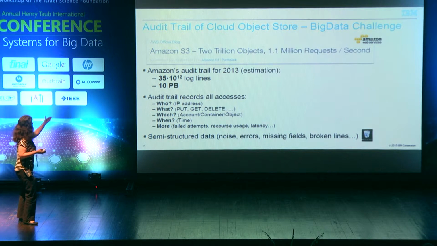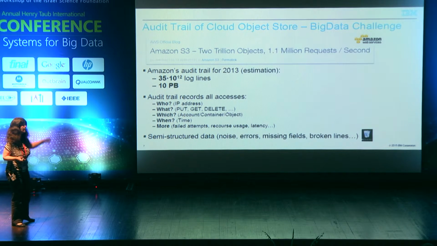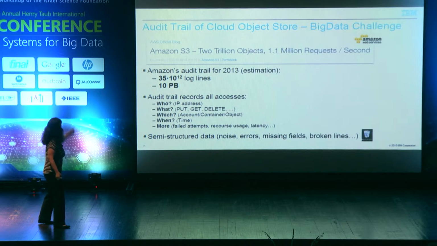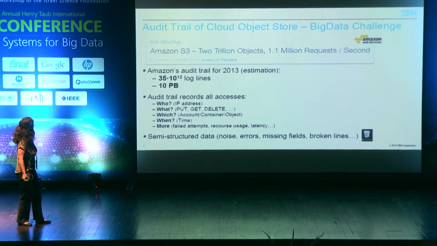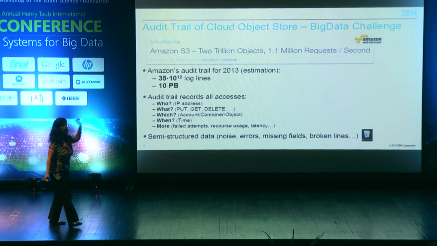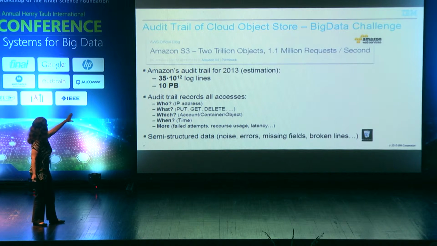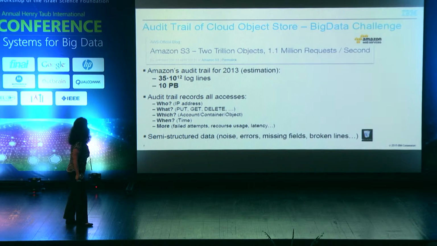However, this audit trail, even this simple line, when you're talking about cloud, you're talking about big data. So this is from Amazon's official blog, 2013. In 2014, they didn't publish such numbers, so these are public numbers that we could take for this presentation.